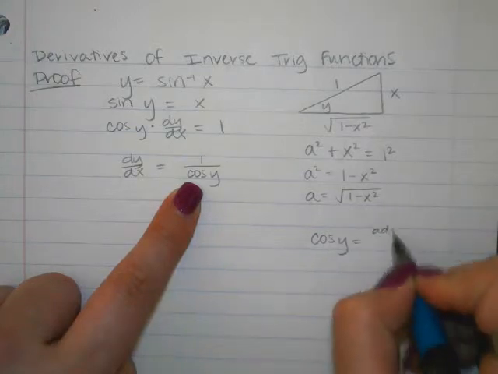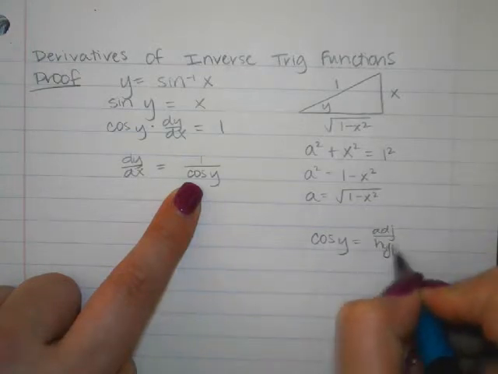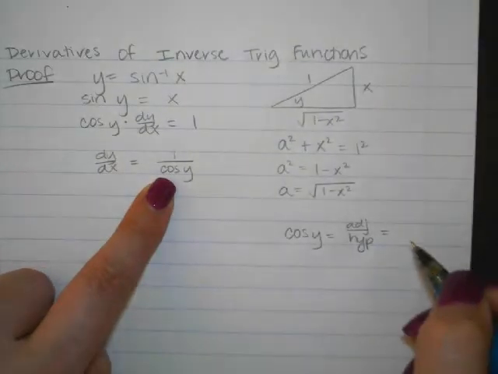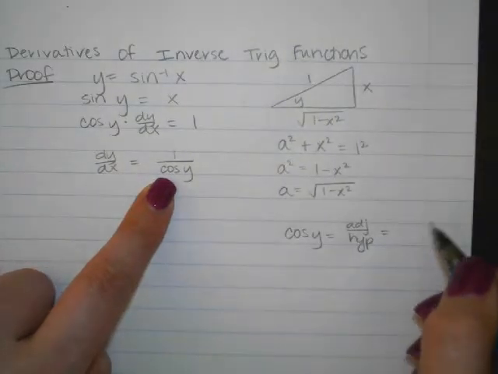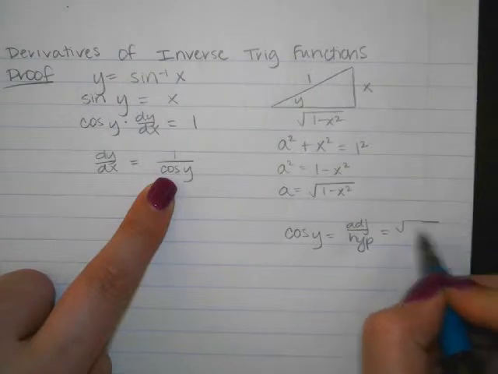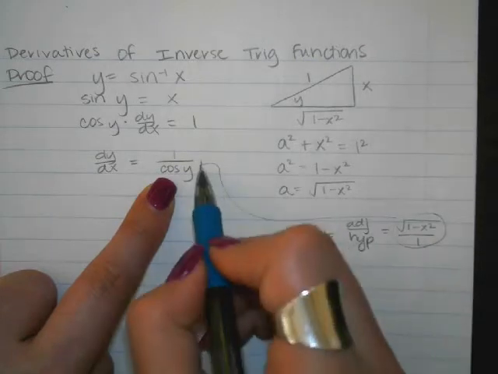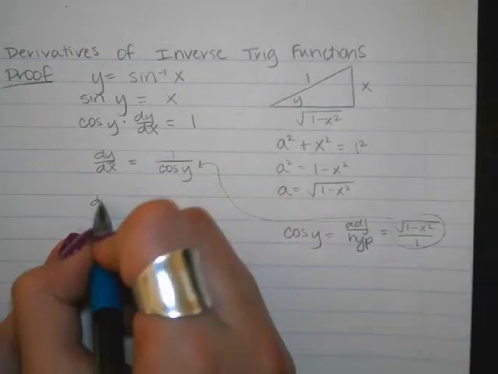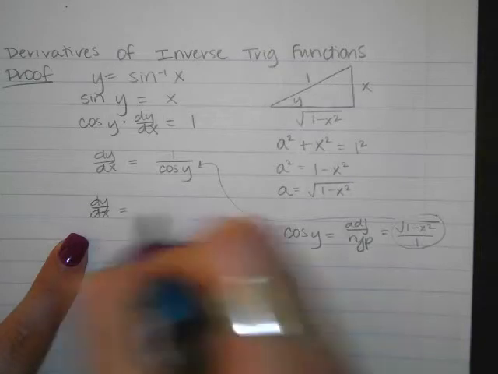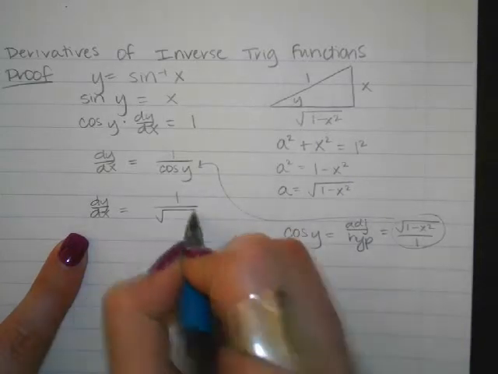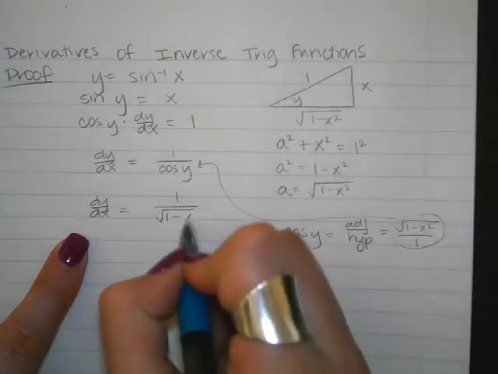If I think about that for this triangle, then what would it be? Okay, so I'm going to plug it right in there. So the derivative is 1 over the square root of 1 minus x squared.